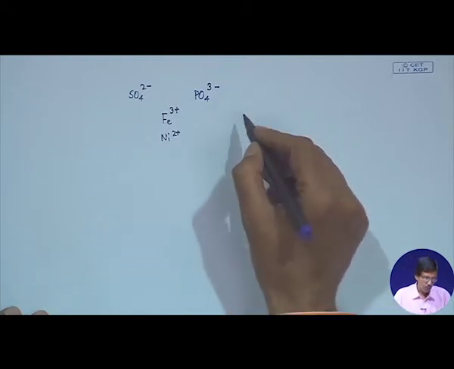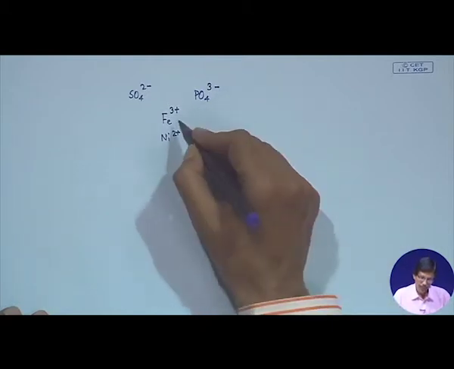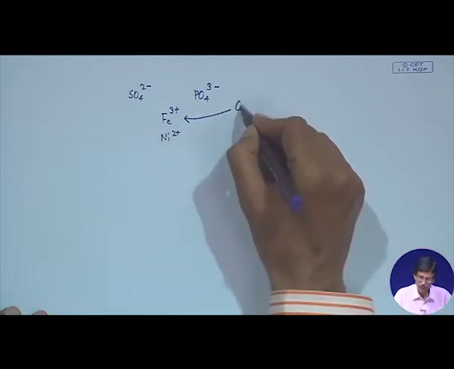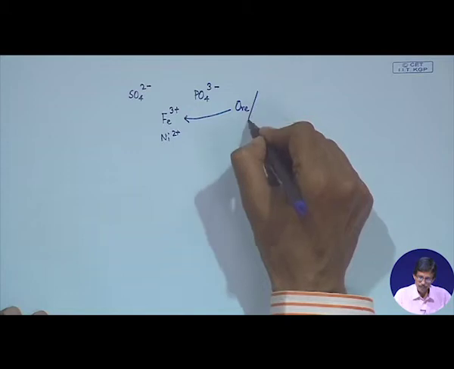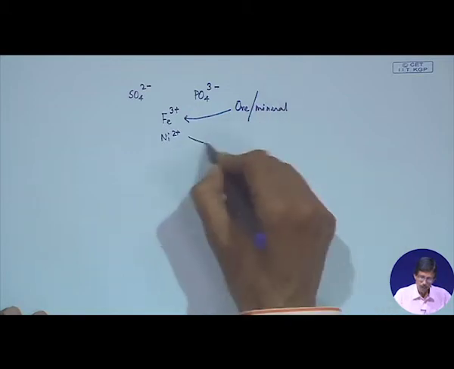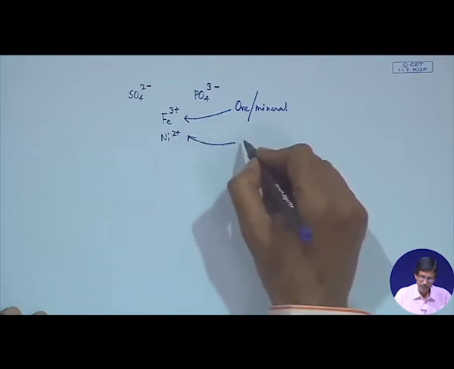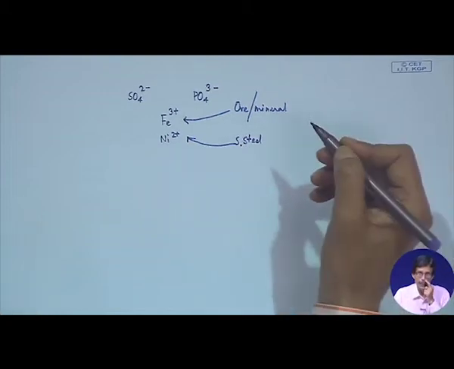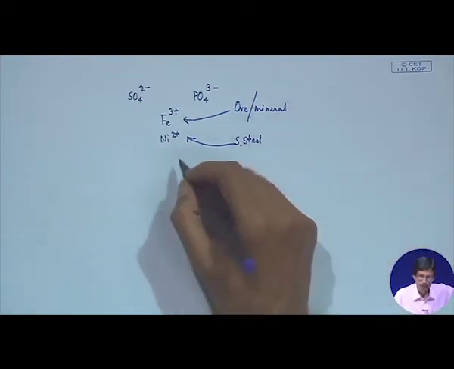But what we can use, when we get these as the source from some ore or mineral, or this can be in some stainless steel sample, or any other industrially important material such as battery material.